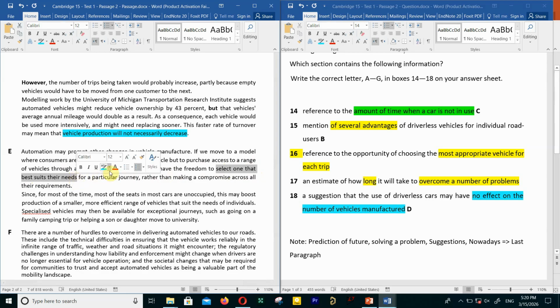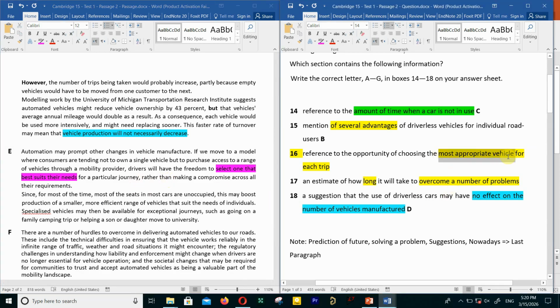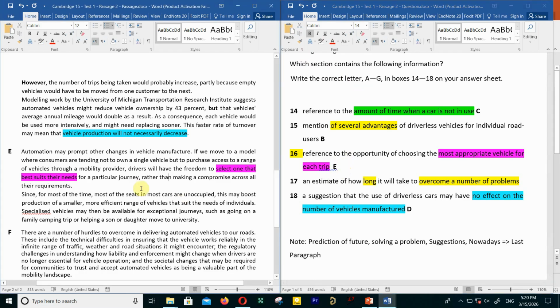Okay, this is it. Most appropriate vehicle for each trip. This is going to be paragraph E. For question 16, you had to write E in front of it.